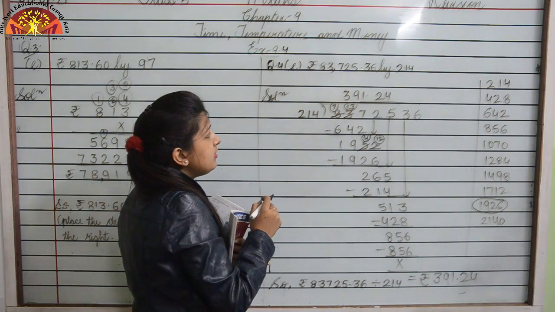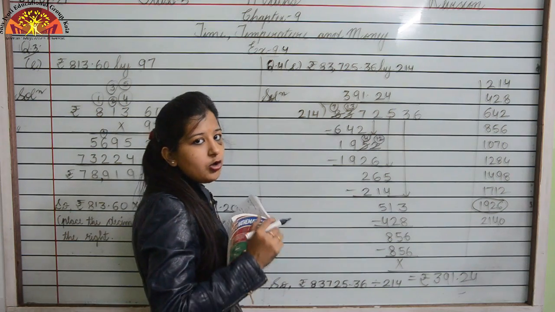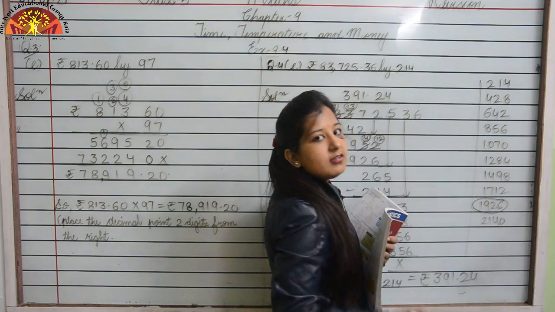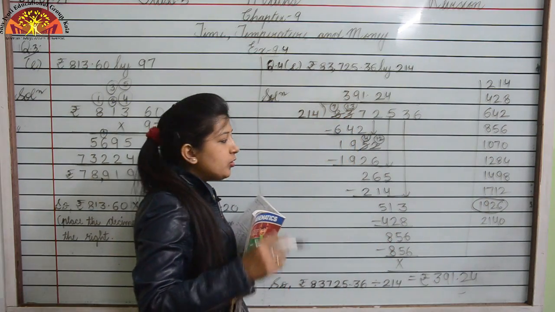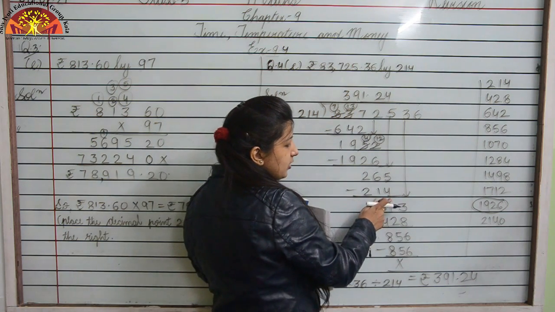Now we will check whether 265 is coming in the 214 table or not. So there is no 265. So we will take the just smaller number from 265. So the smaller number is 214.